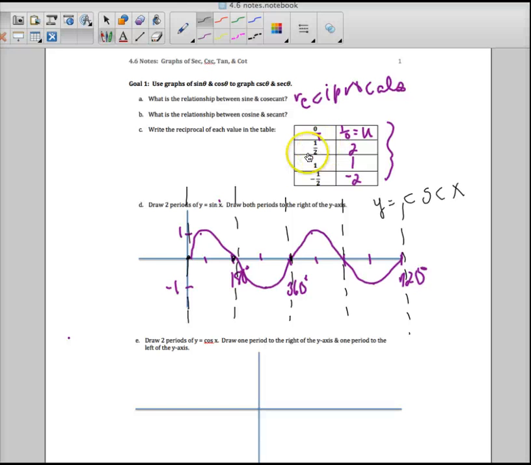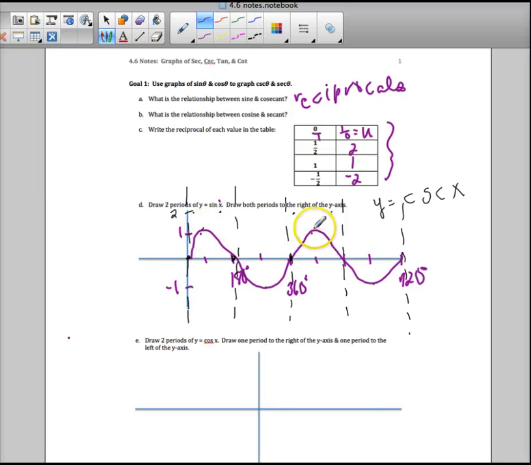So everywhere sine equals 1/2, cosecant equals 2, and I'll put points there. Now everywhere sine equals 1, I'll plot the reciprocal of that, which is positive 1. Sine equals 1, cosecant equals 1.